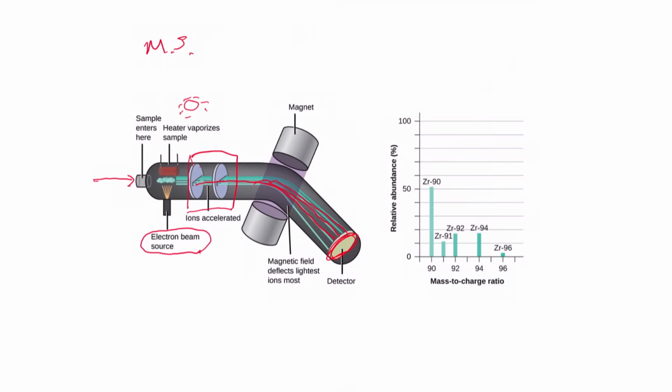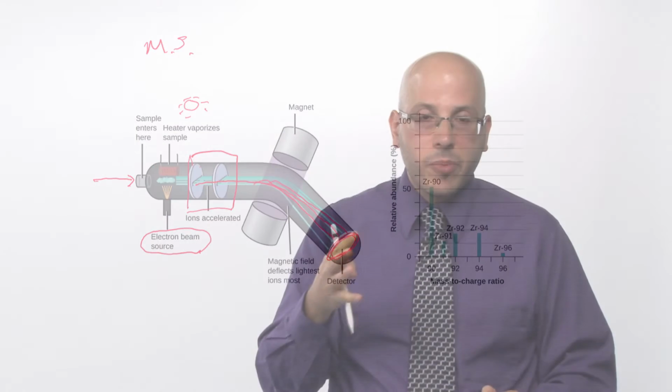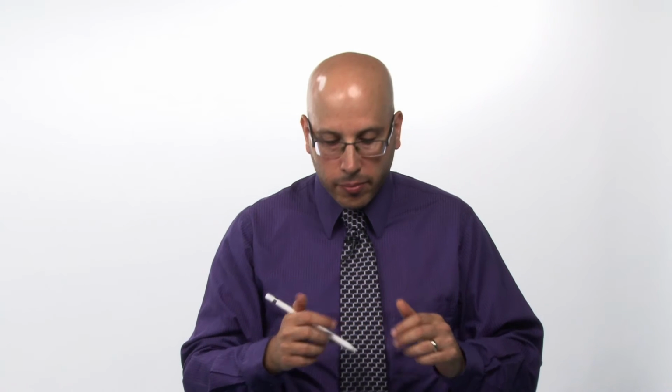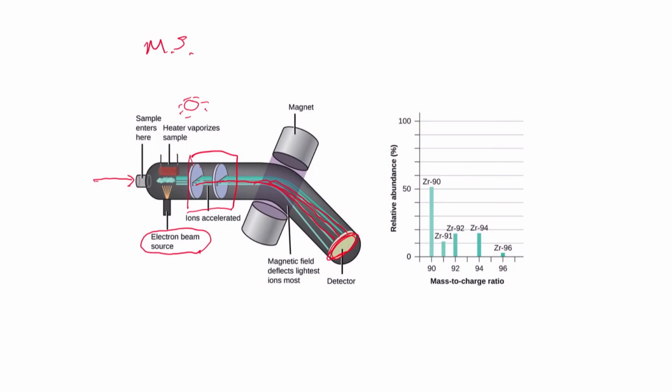They bounce off at different angles, and eventually they hit a detector over here. And the detector records the data for how many ions or how many particles got trapped at a certain point in time. And the output is what is called a mass spectrum.